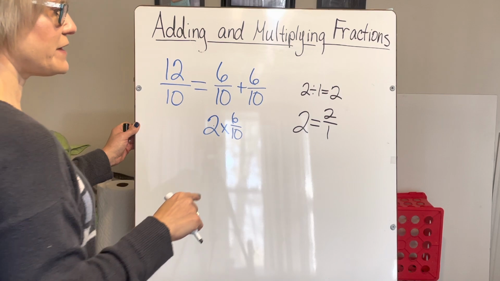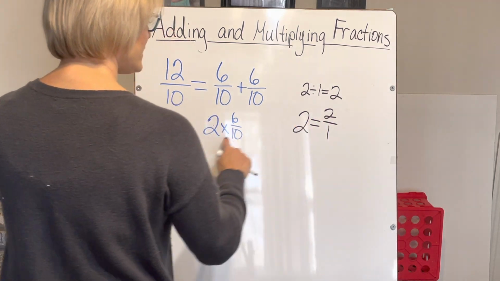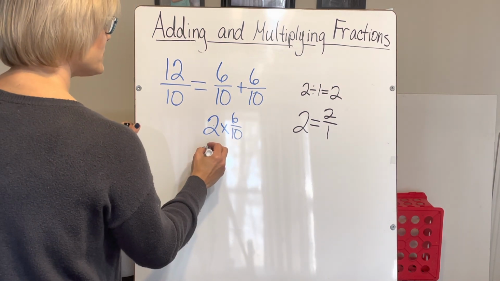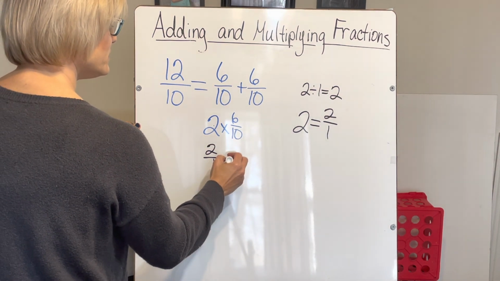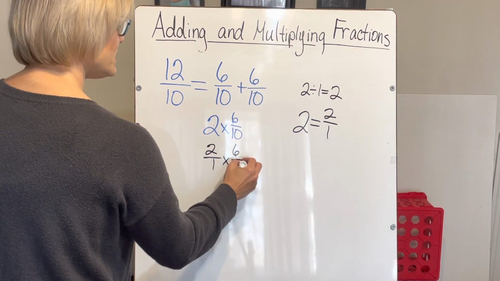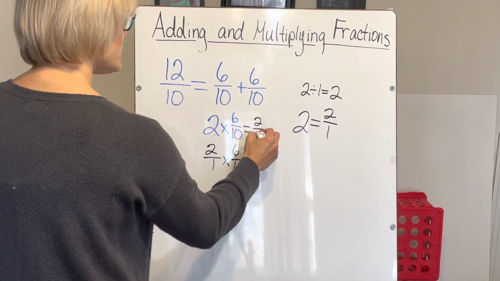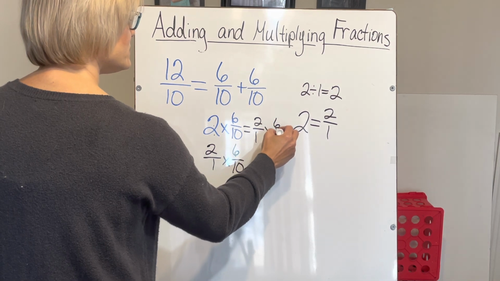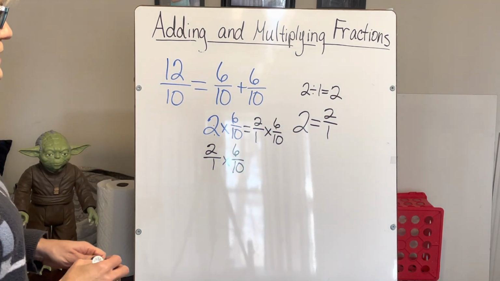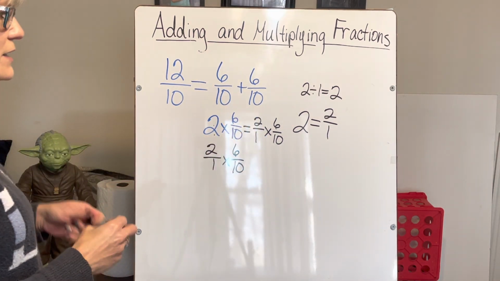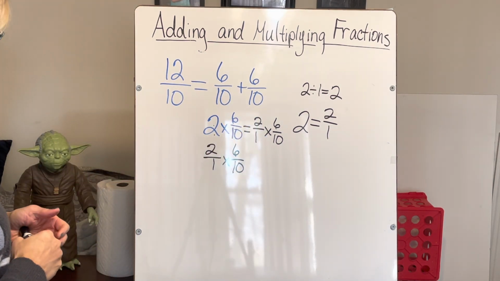So if we need to show that whole number with a denominator, we could do that. We could do 2 over 1 times 6 tenths, and these 2 are exactly the same. These 2 are equivalent to one another, okay? So you can show it as the whole number, or you can show the whole number like this. It just depends on how you want to do it.